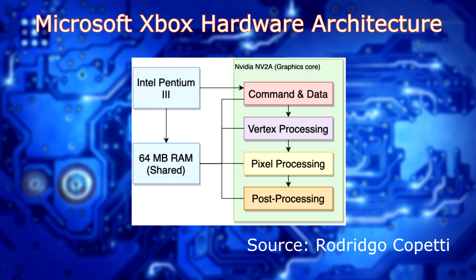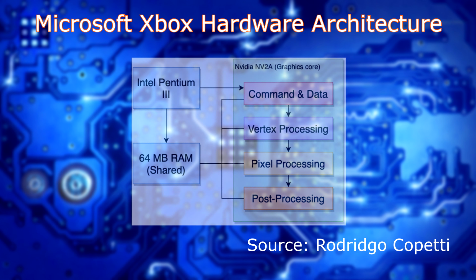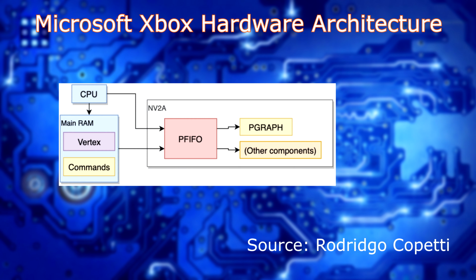There was a FIFO that would take in commands from the CPU, and then it would push them to what was called a P-graph, which was the block in the graphics unit that was in charge of graphics processing and other different components that allowed the processing to actually occur. What was interesting is that, much like the Flipper processor in the Nintendo GameCube, the geometry didn't actually have to be embedded inside of these commands inside the FIFO buffer.